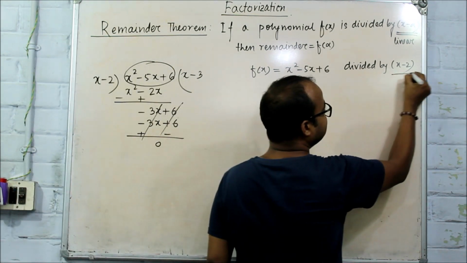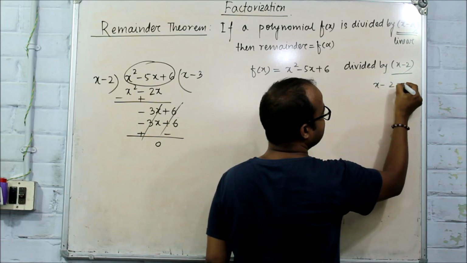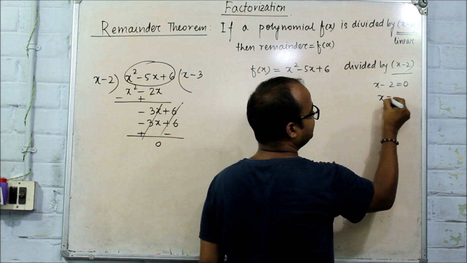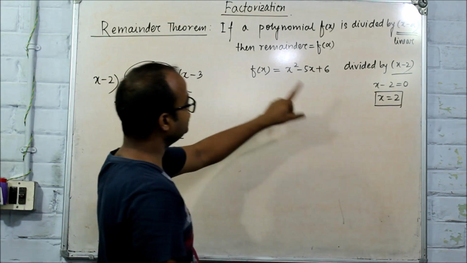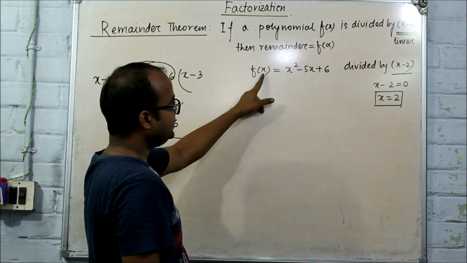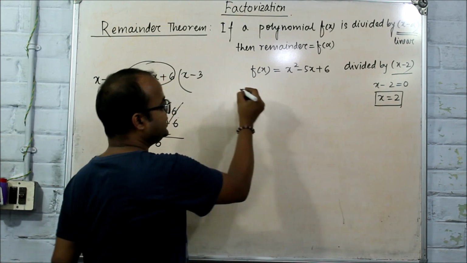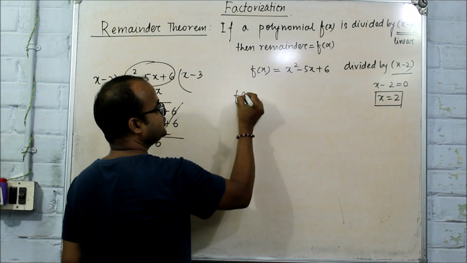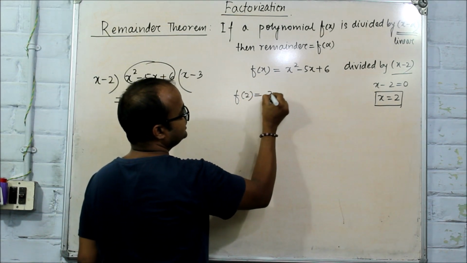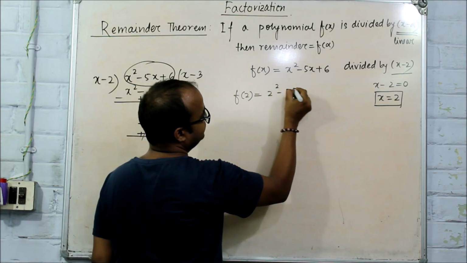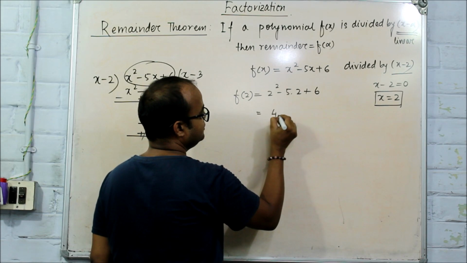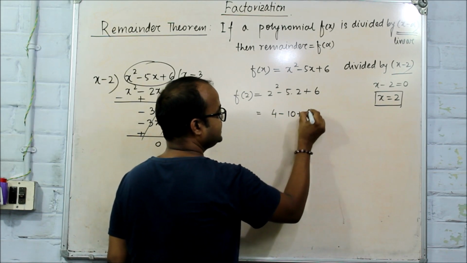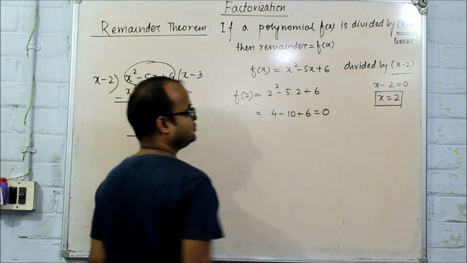Now equate x minus 2 to 0. So what is the value of x? x is equal to 2. Now substitute x equal to 2 in the given polynomial. So f(2) is 2 square minus 5 into 2 plus 6. 2 square is 4, minus 10 plus 6, and this is equal to 0.